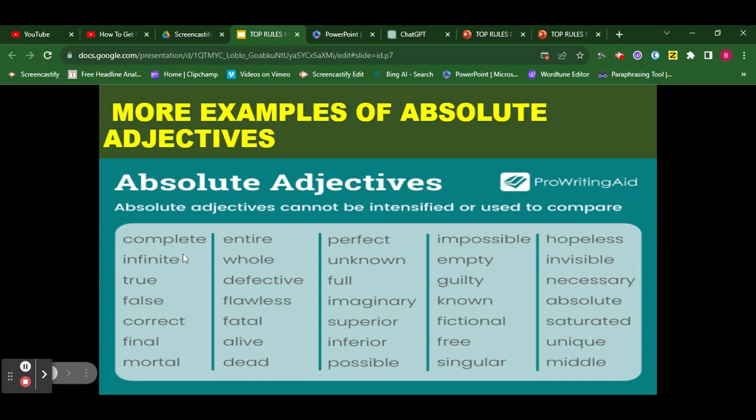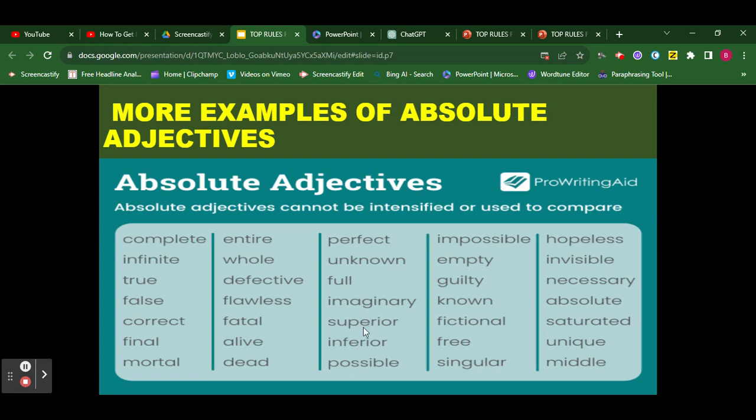Words like complete, infinite, true, false, correct, final, mortal, entire, whole, defective, flawless, fatal, alive, dead. If something is dead, it's dead. You can't say more dead or most dead. If it's dead, it's dead. Perfect, unknown, full. If something is full.